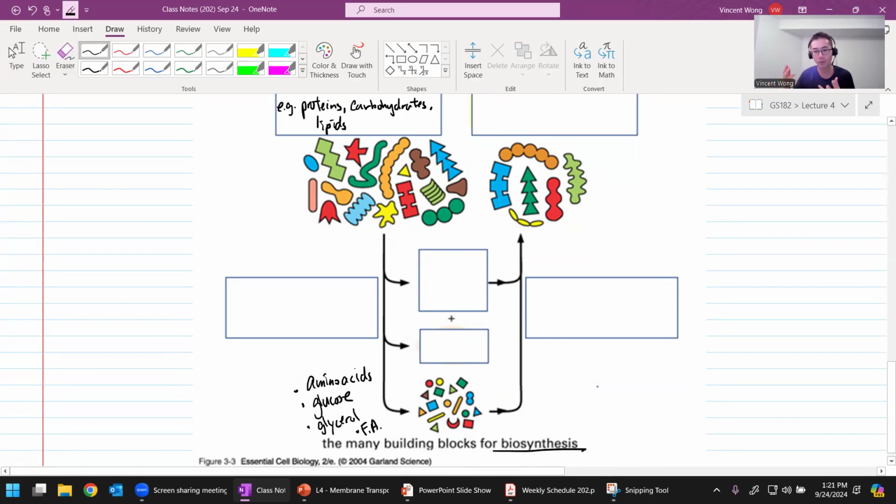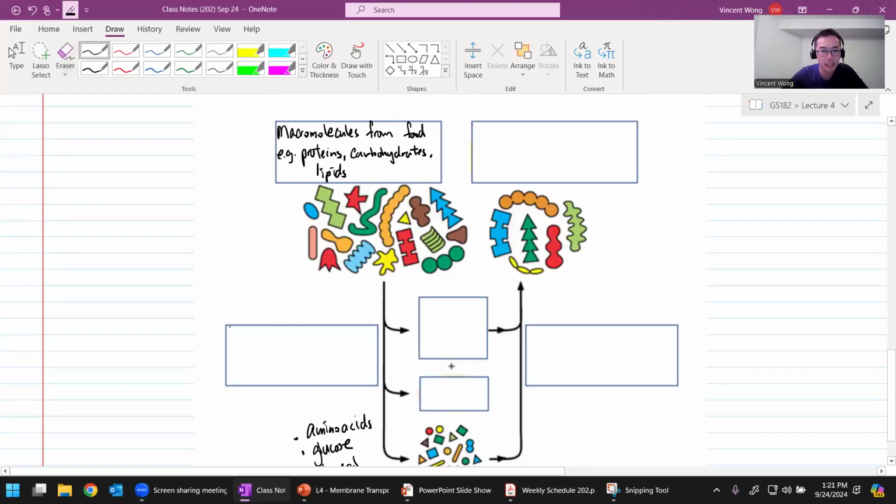Biosynthesis is just a fancy way of saying building things that we need in the body. Because we are breaking these things down, the reactions are called catabolic reactions, or catabolism. And in the process of breaking these things down, we are going to be releasing energy.